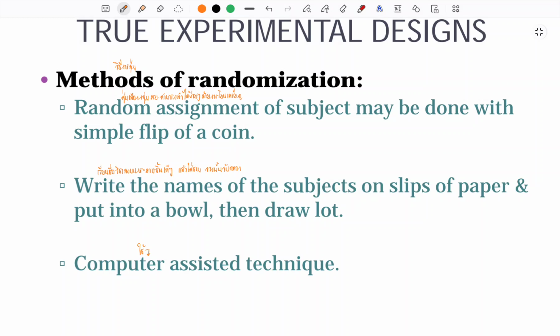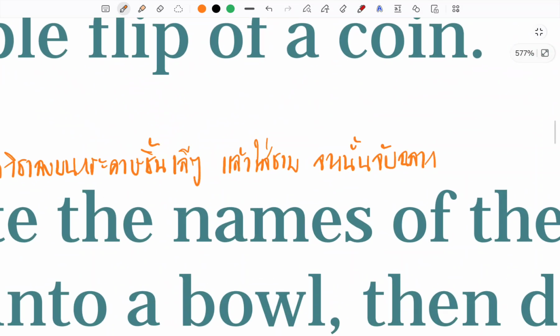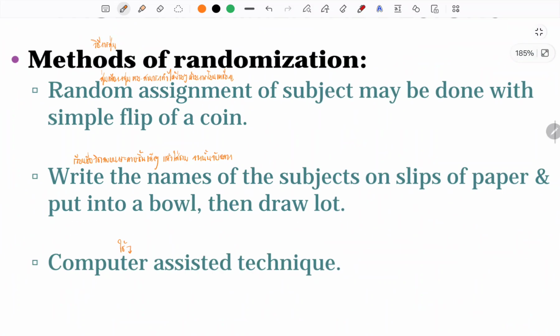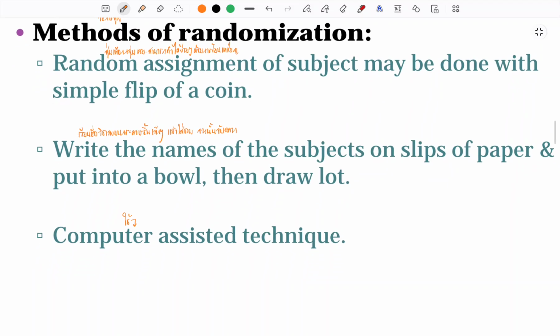But in the old days, you could just flip a coin, head or tail. If head, group A; tail, group B. Or maybe drawing a lottery, drawing something of group 1 or 2. You can use those methods to help you randomize the groups.